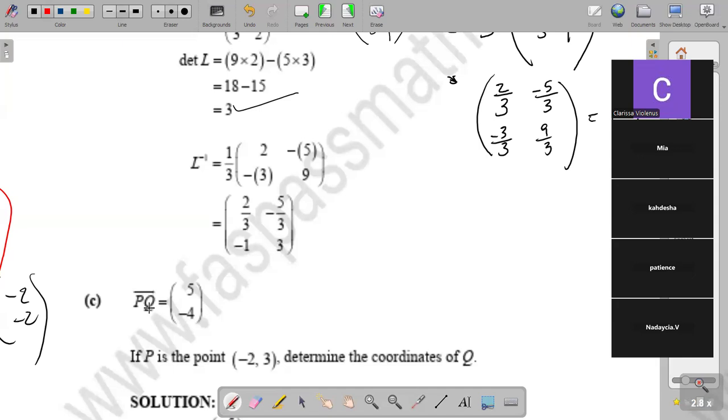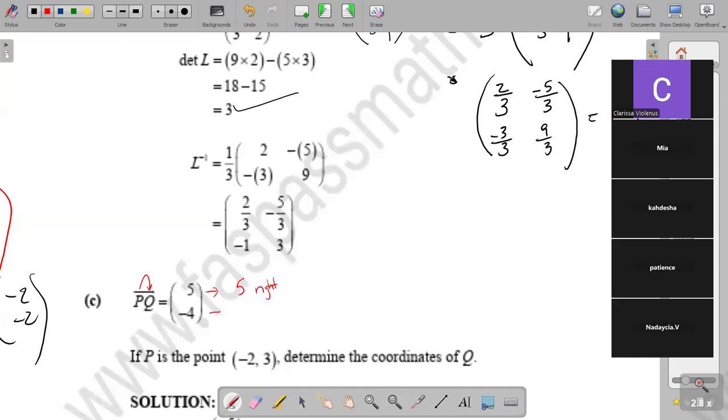This is a displacement vector, right or wrong? So that means to go from P to Q, what type of movement does that require? What does 5 represent? A positive movement. So to go from P to Q, I had to move 5 to the right. Right or wrong?